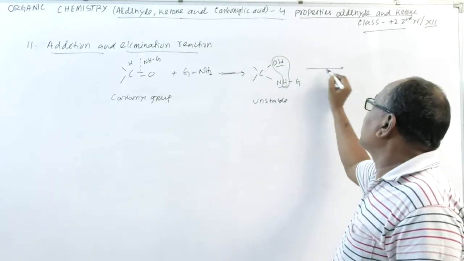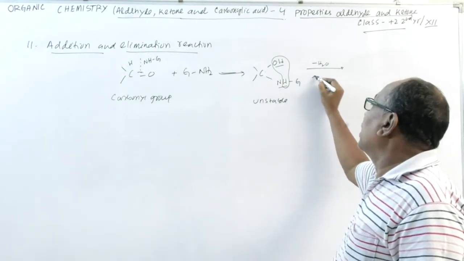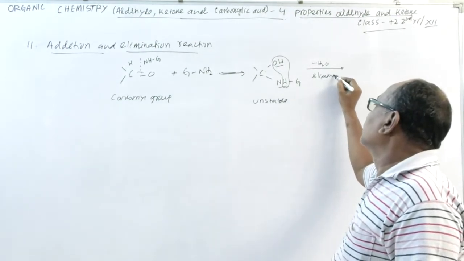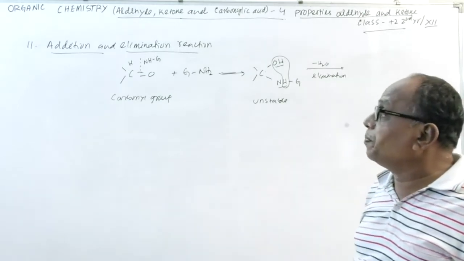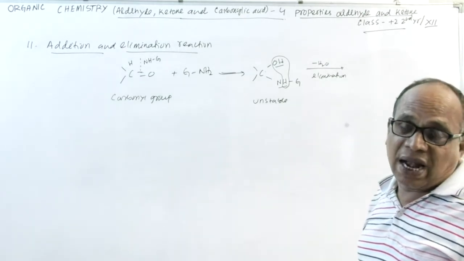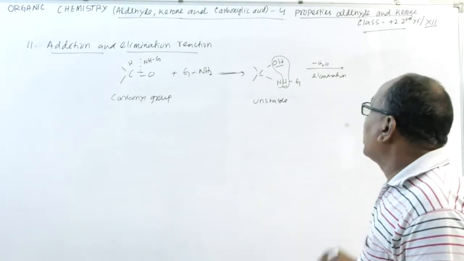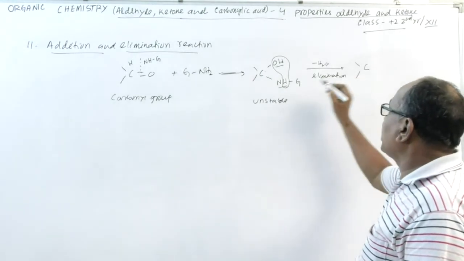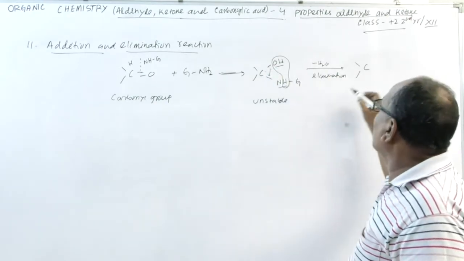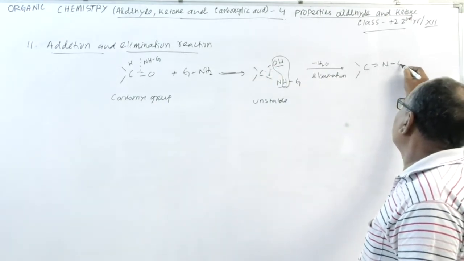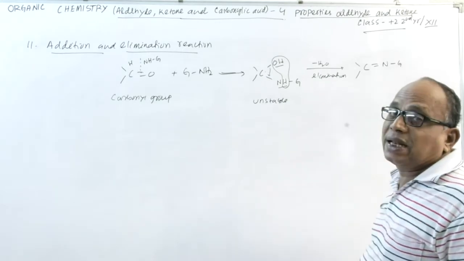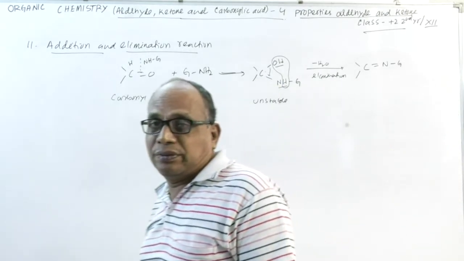That's called elimination. That's why the reaction is said to be addition elimination. Addition of the derivative of ammonia, elimination of a molecule of water, and the result is C double bond NG. This is the addition elimination product.